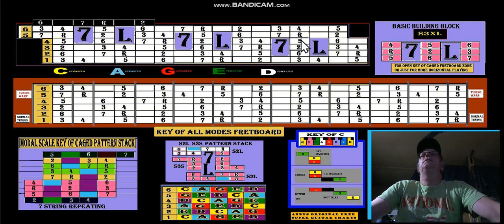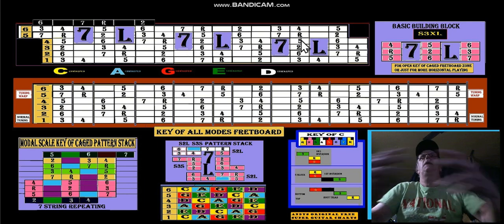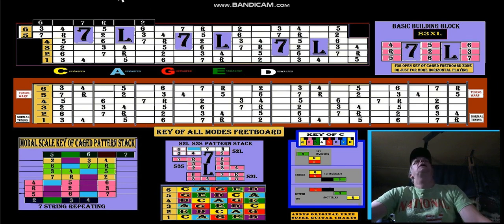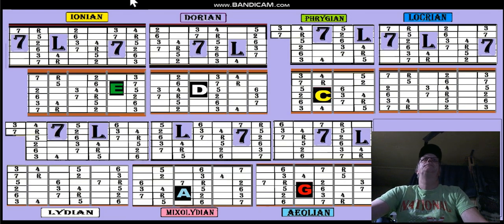And then interleaved with that top row is an S3S. Put them together and you get this middle 5 root 4, 4 5 6 6 3 7 7 6 5 right here. Okay, so that's where I got the middle pattern from.